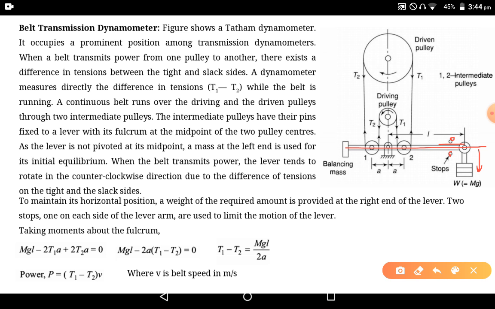So we can say that this mg force acting downwards will try to rotate this lever about the fulcrum in clockwise direction, and this T1 force, acting on intermediate pulley 2, will try to rotate it in anti-clockwise direction, and the force acting on intermediate pulley 1 will try to rotate it in clockwise direction about the fulcrum.